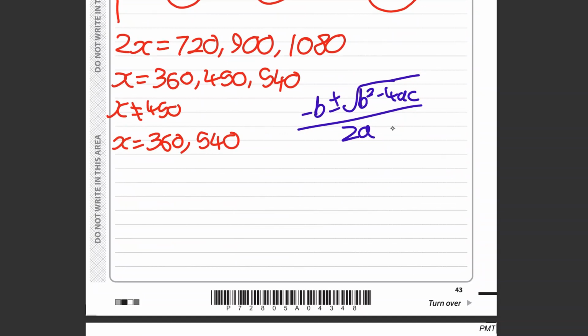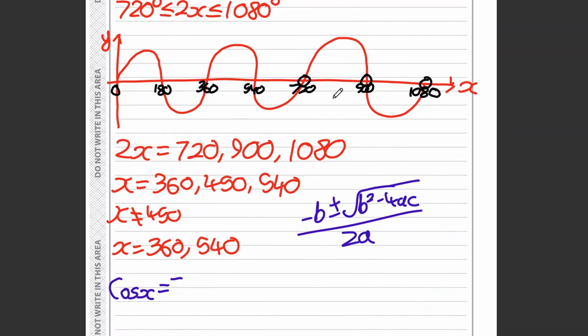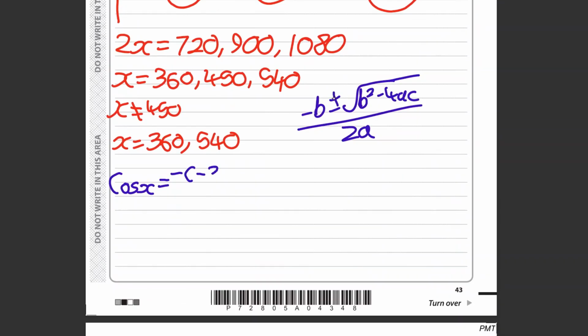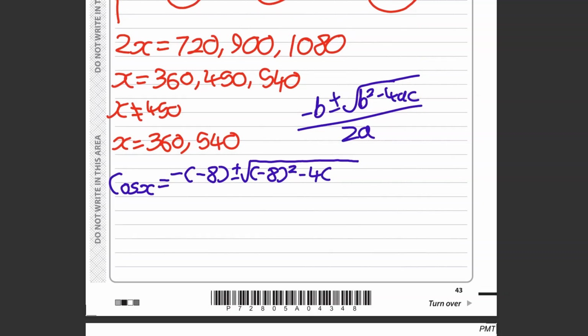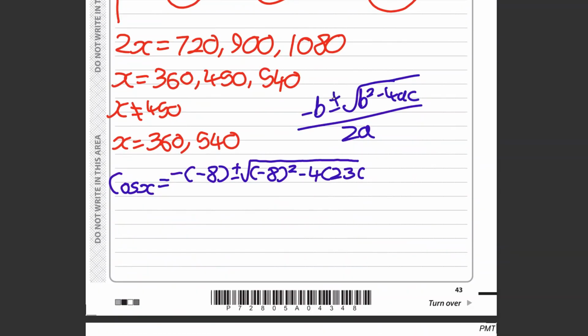So here we're going to say that cos x is equal to minus b, so minus minus 8, plus or minus the square root of b squared, which is minus 8 squared, minus 4a, which is 23, and c, which is minus 15, and all of this is over 2a, so 2 times 23.